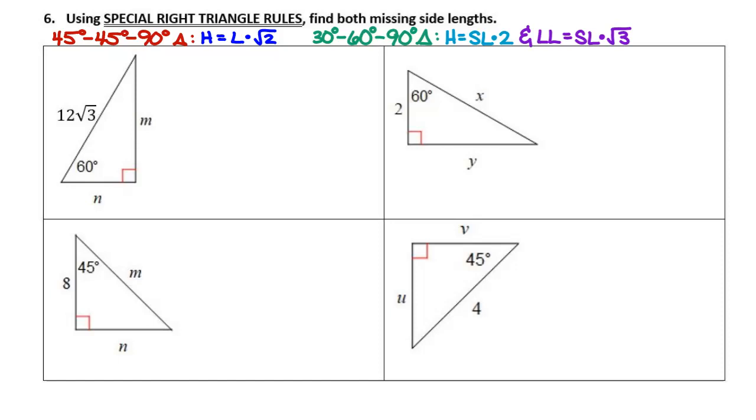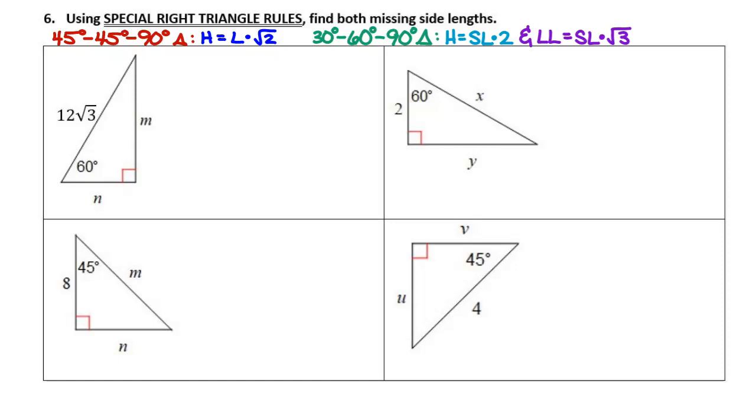Number 6 on the first one. What are we looking at here? What type of a triangle is that? A right triangle. What kind of special right triangle is it? 30, 60, 90 triangle there. So we're going to use our 30, 60, 90 triangle rules.